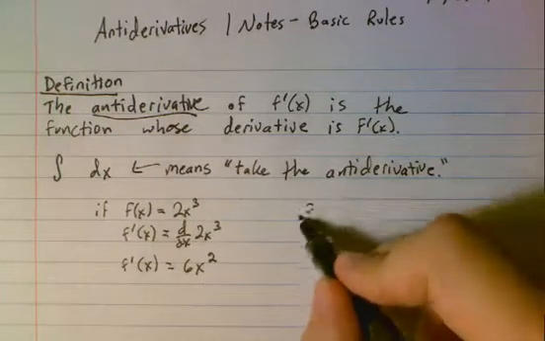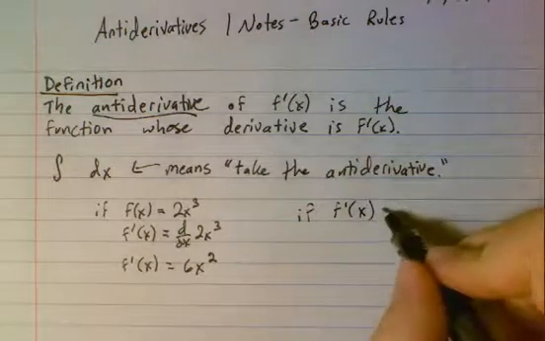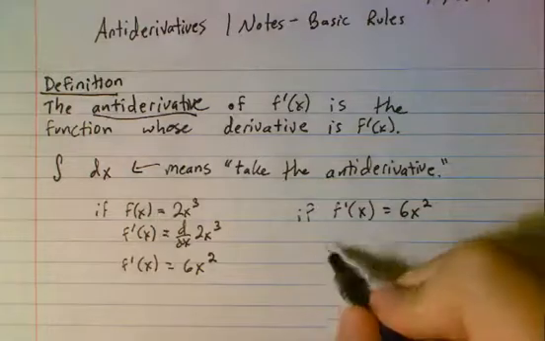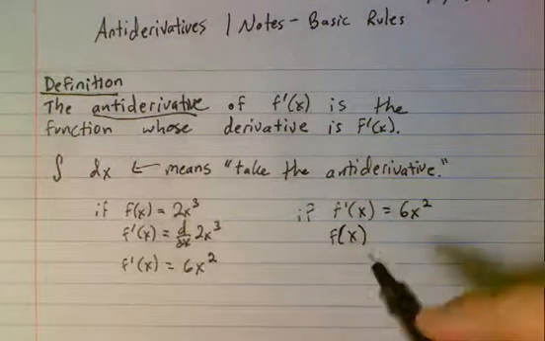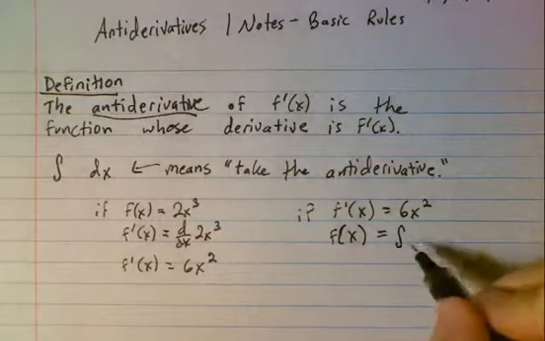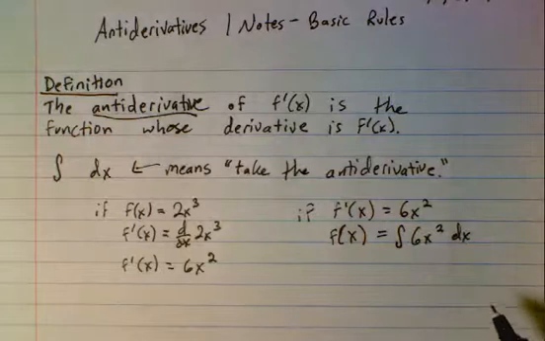So let's say we know that the derivative of f of x is 6x squared. Now what we want to do is find f of x, that original function. So we do that by doing the antiderivative. Let's take the antiderivative of 6x squared dx.